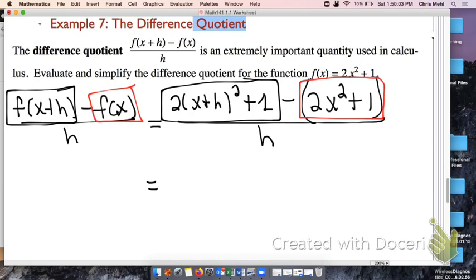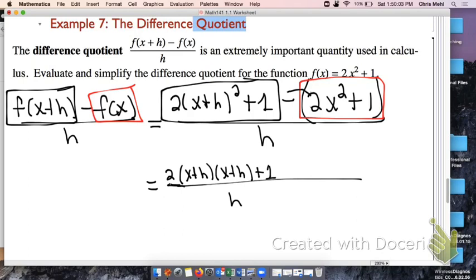Okay, so first thing I'm going to do is I'm going to square the x plus h up here. Make sure you remember when you square something, it's really multiplying it by itself. We're going to have to FOIL that. And then looking at the first step, I'm going to distribute the negative to give me a minus 2x squared and a minus 1.